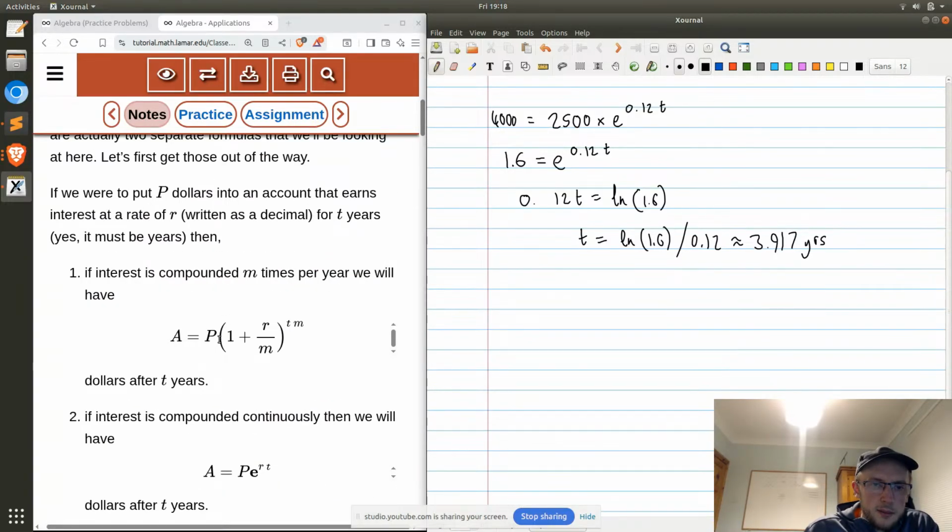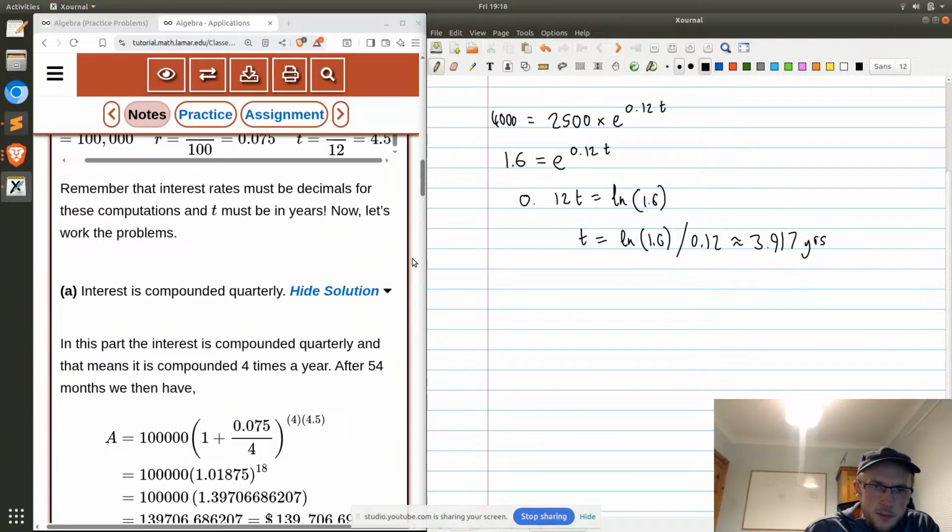So P, open brackets, 1, that makes sense, plus the rate, over however many times it is per year. The rate over the interval, and all of that to the power of how many years times how many intervals. Try it.